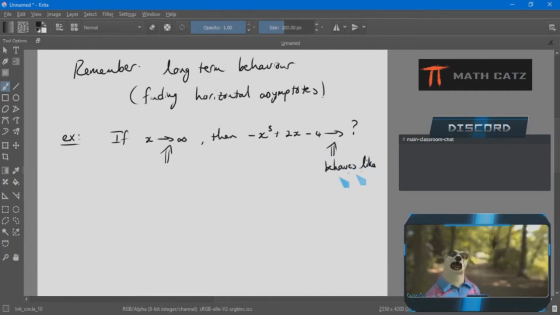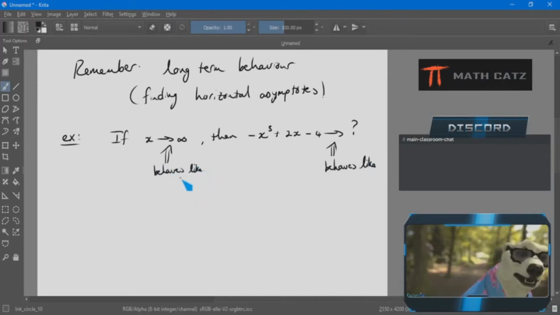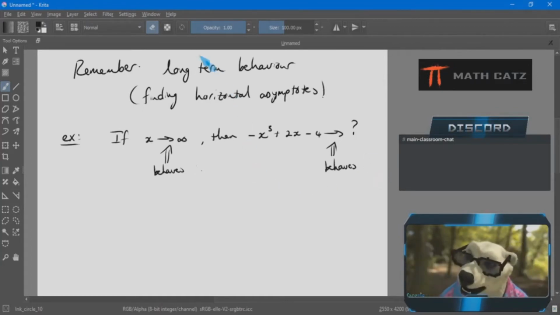It behaves in a way that it's growing, as x behaves a certain way. So this arrow indicates behavior. X is growing indefinitely. Let me emphasize maybe just behavior, not behaves like, but you can phrase it in a different way. And then I want to know what is the behavior that the function exhibits when x does this.